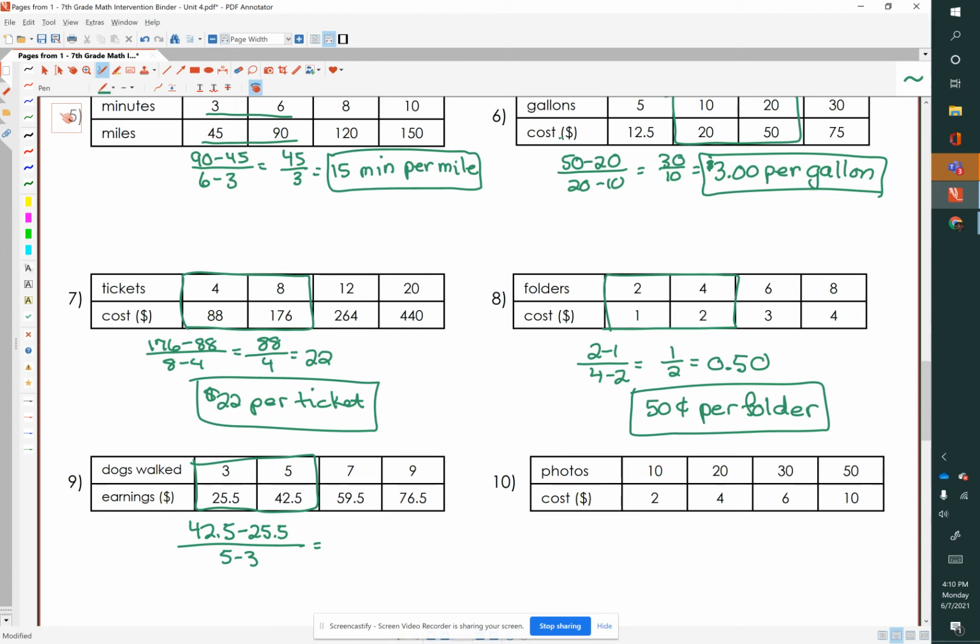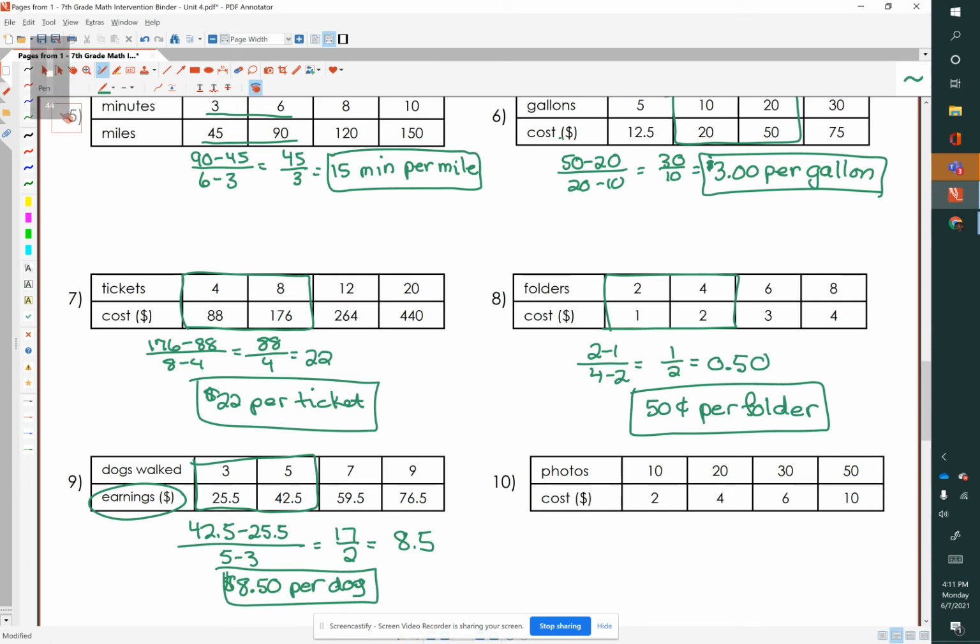So 42.5 minus 25.5 is 17 divided by 2, which equals 8.5, and this is in the context of money earned, so that's going to be $8.50 per dog. So each dog she walks, she gets $8.50.